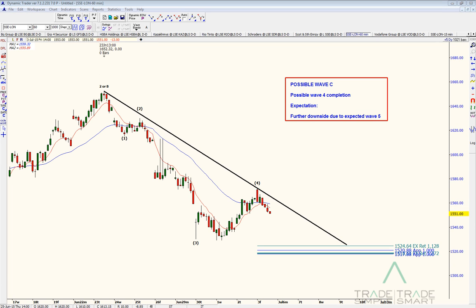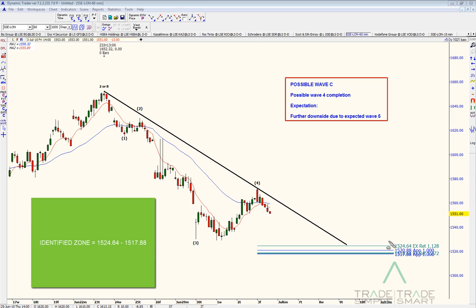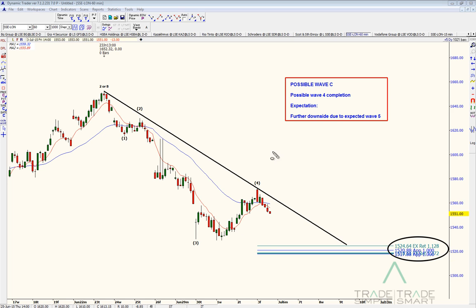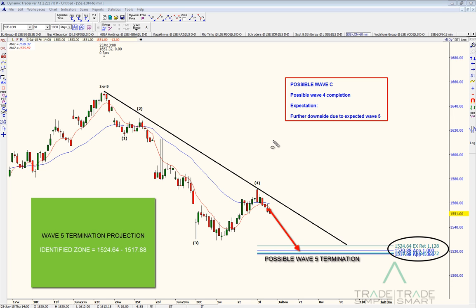So in terms of the projected zone for the end of wave 5, we have 1524 down to 1517.